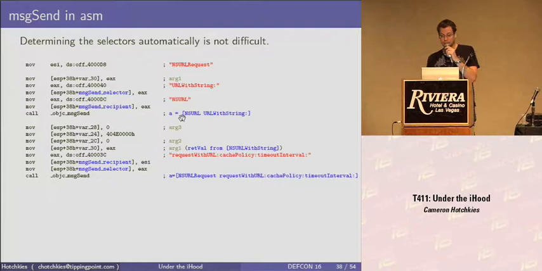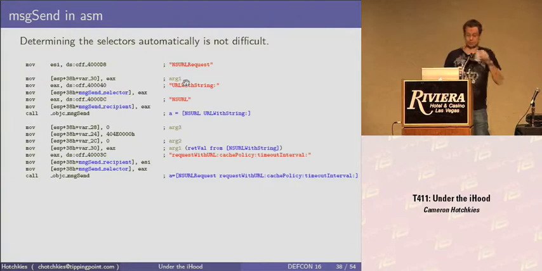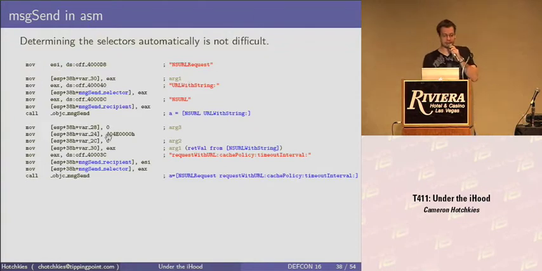So you've got A, which is the return value coming back through EAX, and you can see NSURL. It's a class method, not an instance method, and then it calls the selector URLWithString with one argument, which is probably this one right here. And then it does it again for requestWithURL.